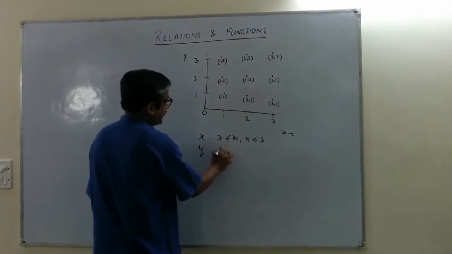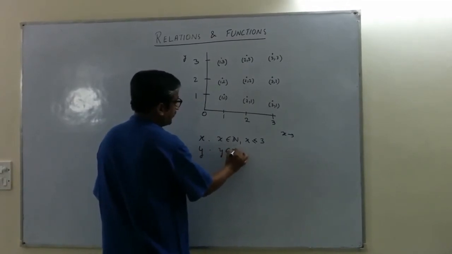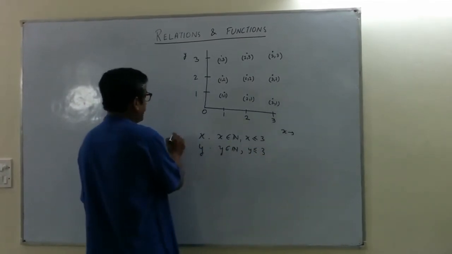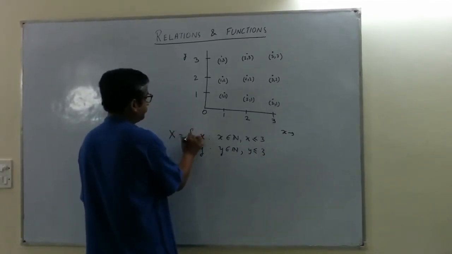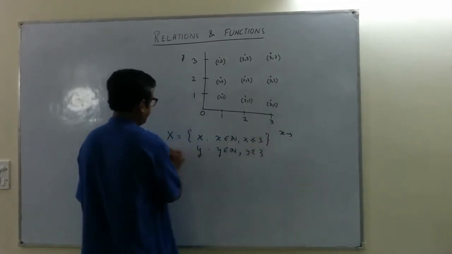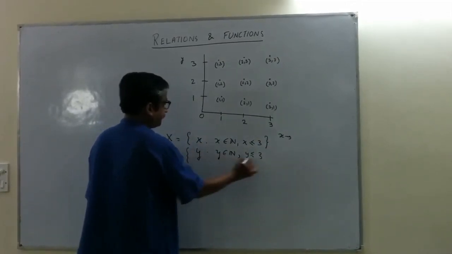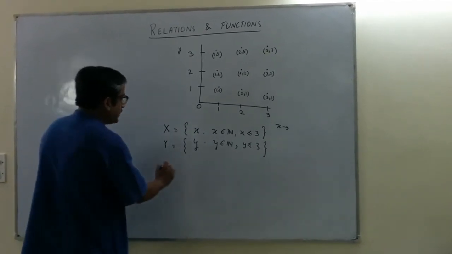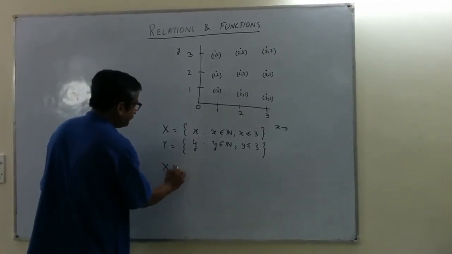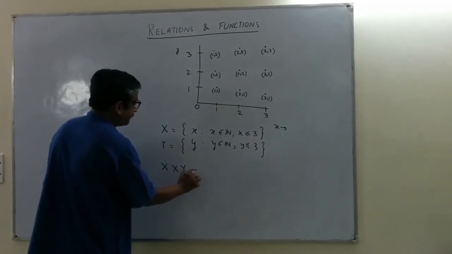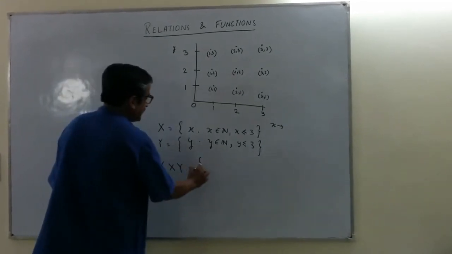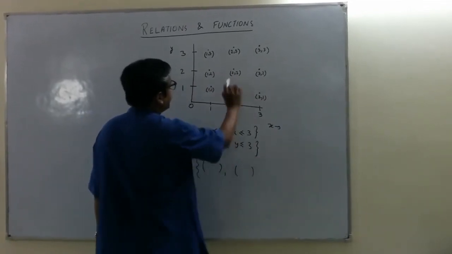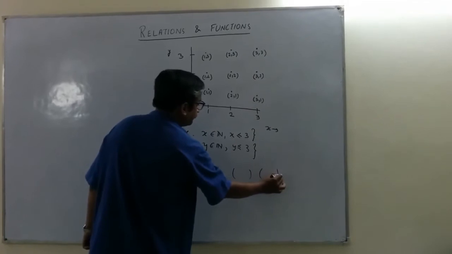And y is also an element of the natural numbers, y less than or equal to 3. So we have these two sets. What will be the Cartesian product of x cross y? It will be a set of all these 9 elements.